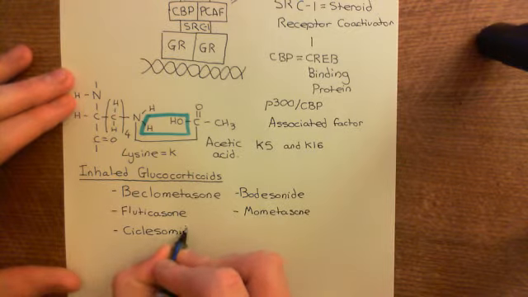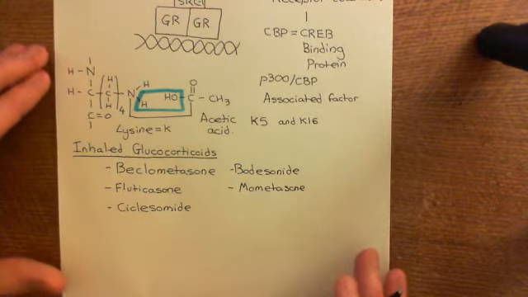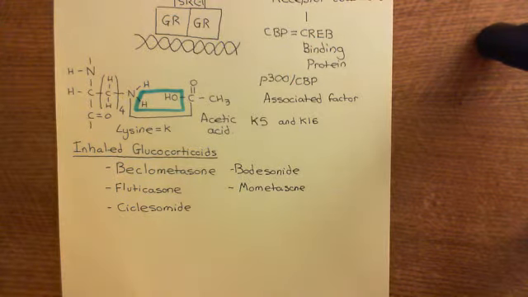So all 5 of these drugs: beclometasone, budesonide, fluticasone, mometasone, and ciclesonide, are used as inhaled glucocorticoids, so they're delivered by inhalation of aerosols containing these glucocorticoids, and they're going to go into the bronchial tree, and they're going to act on cells in the wall of the bronchi.